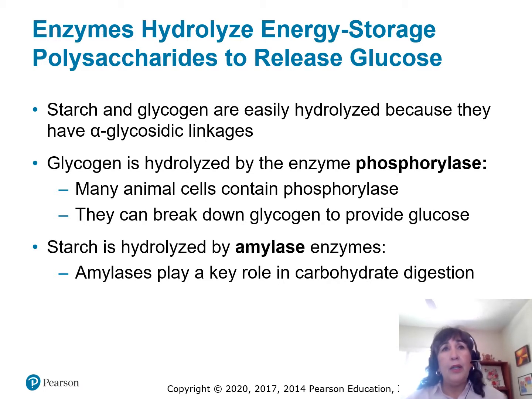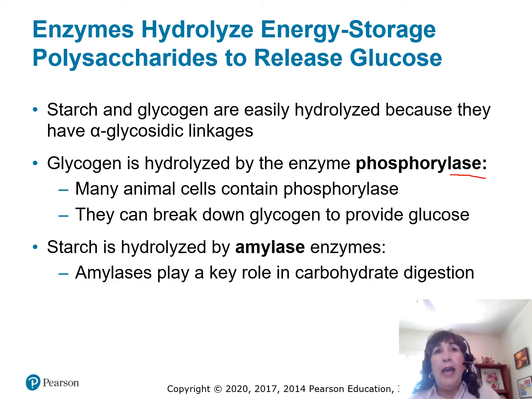Glycogen is hydrolyzed by an enzyme called phosphorylase, and I know that it's an enzyme because it ends in -ase. Many animal cells contain phosphorylase, and this phosphorylase releases the energy in glycogen because it helps break it down to glucose. And when we have glucose, then this can help generate ATP at the cellular level.